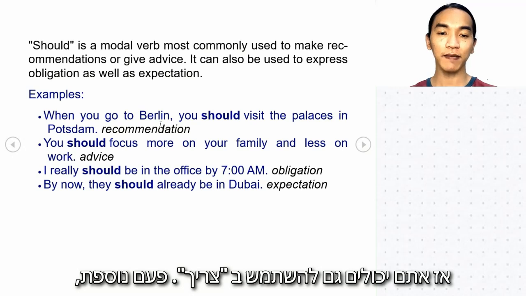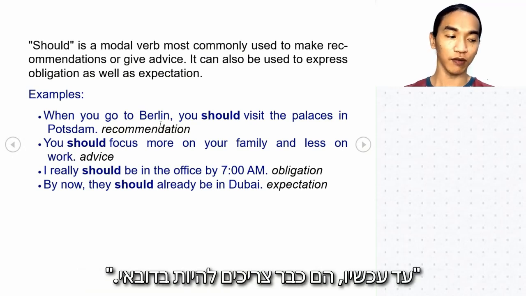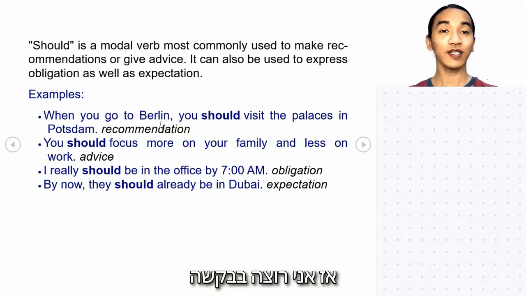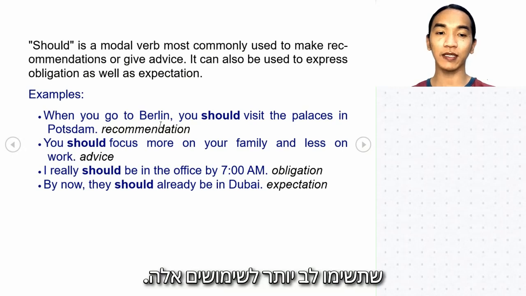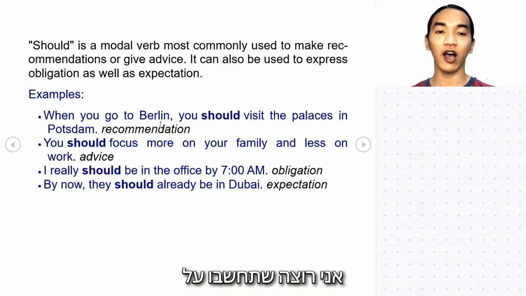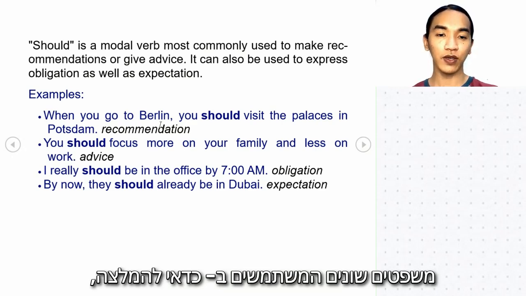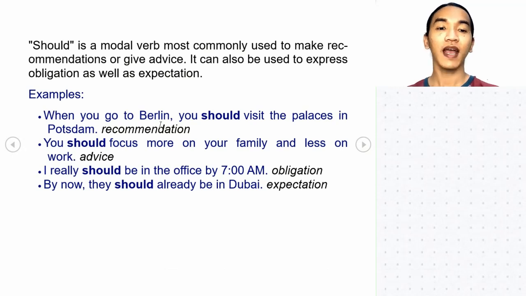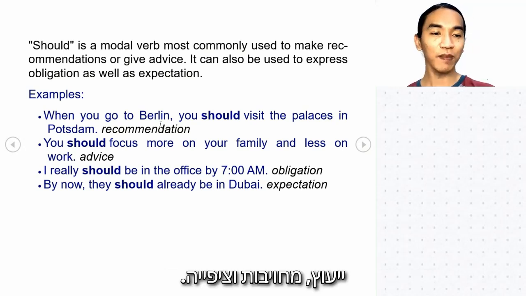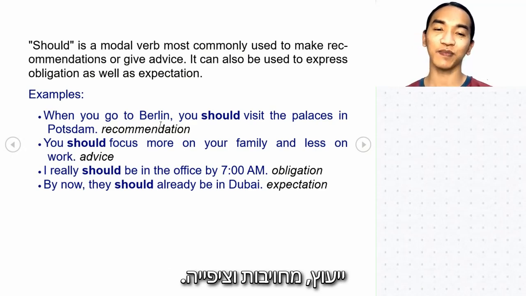One more time, by now, they should already be in Dubai. Okay? So I want you to please pay more attention to these usages. I want you to think of different sentences using should for recommendation, advice, obligation, and expectation.